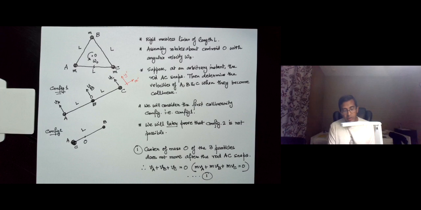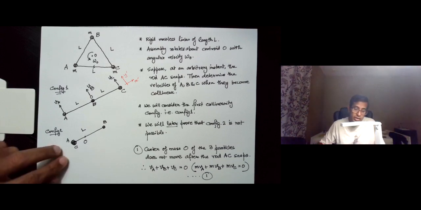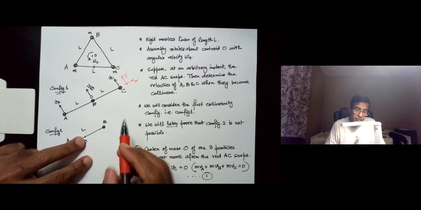Now, because there are no external forces that have affected the motion, the angular momentum of these particles about the point O will also remain conserved. So let us find the initial angular momentum, and then we can relate it to the angular momentum in this configuration.